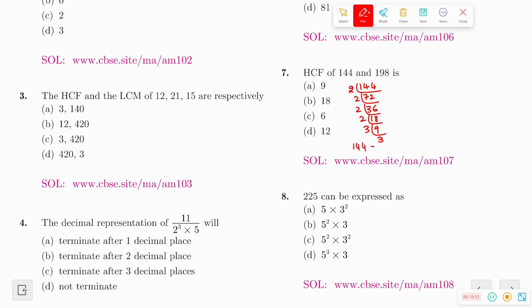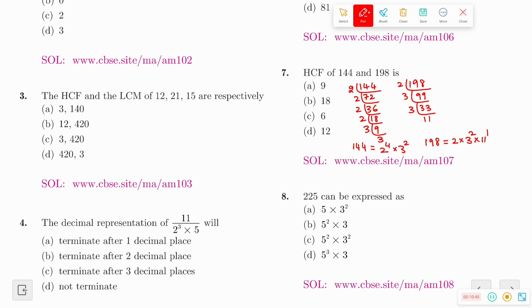So 144 is equal to 2 power 4 into 3 power 2. Whereas 198 we have to factorize. It is 2 into 99, then 3 into 33, 3 into 11. So 198 is equal to 2 into 3 power 2 into 11 power 1.